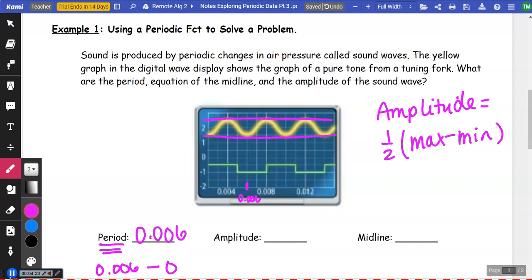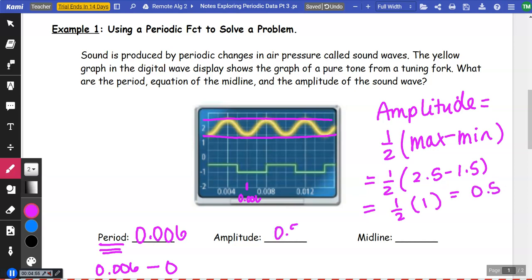I'm going to say that maximum is 2.5 and the minimum is 1.5. So our amplitude is going to be equal to 1/2 times 2.5 minus 1.5. 2.5 minus 1.5 is 1, so half of 1 is equal to 0.5. So our amplitude is 0.5.